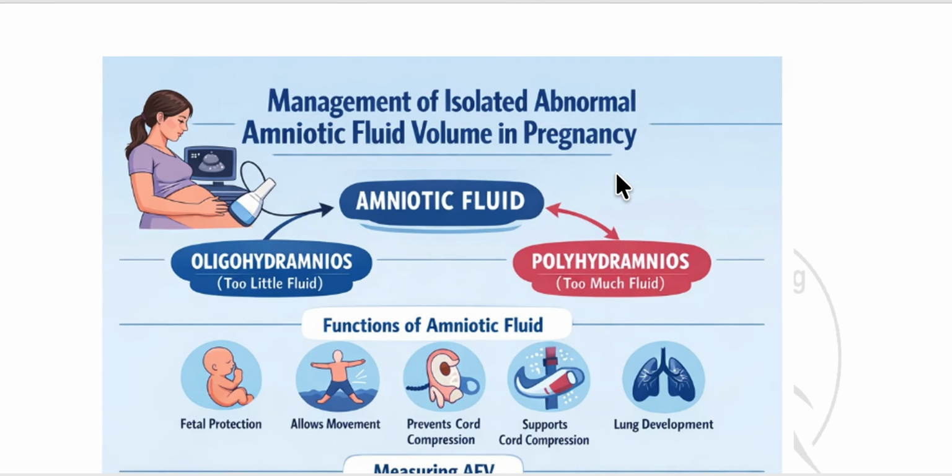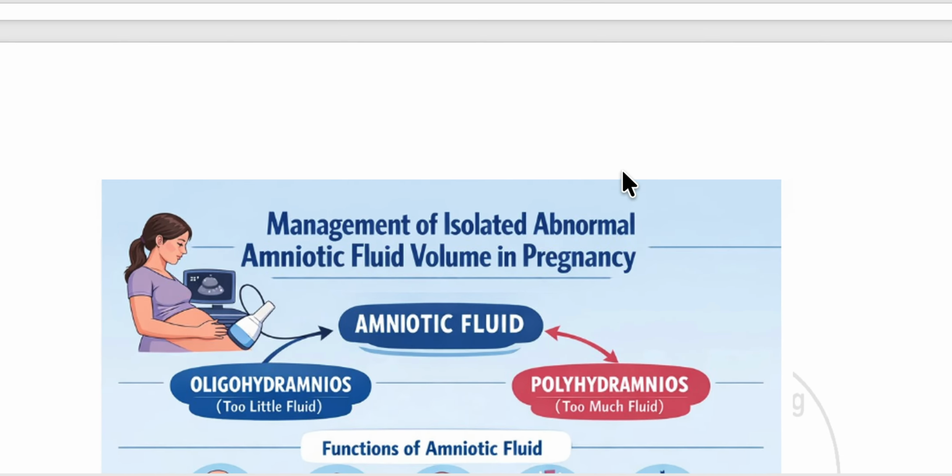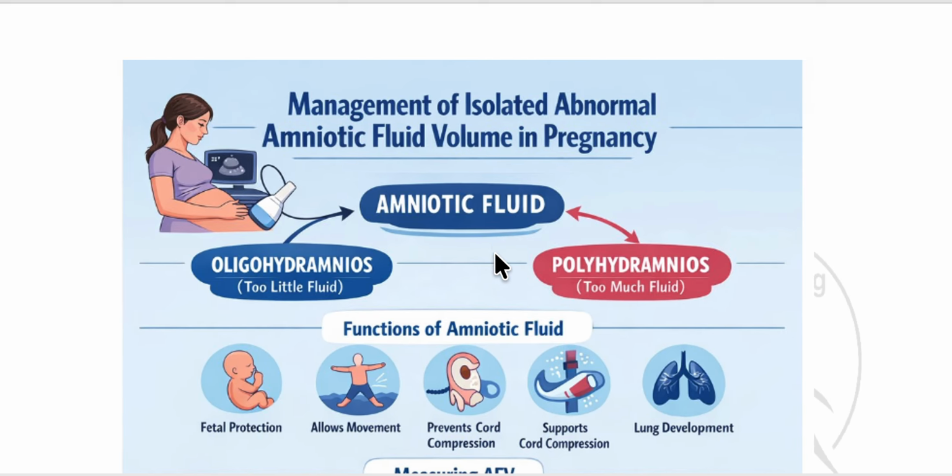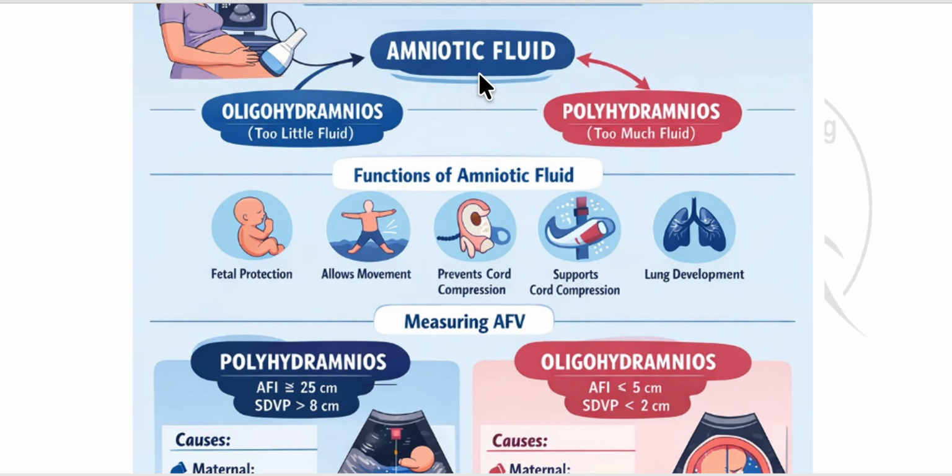So we will start from there. We just have to know some knowledge about the amniotic fluid, as they want to discuss oligohydramnios and polyhydramnios. What is the meaning of oligohydramnios? It means too little fluid, and polyhydramnios too much fluid, just in normal layman language. So what is the function of this amniotic fluid?